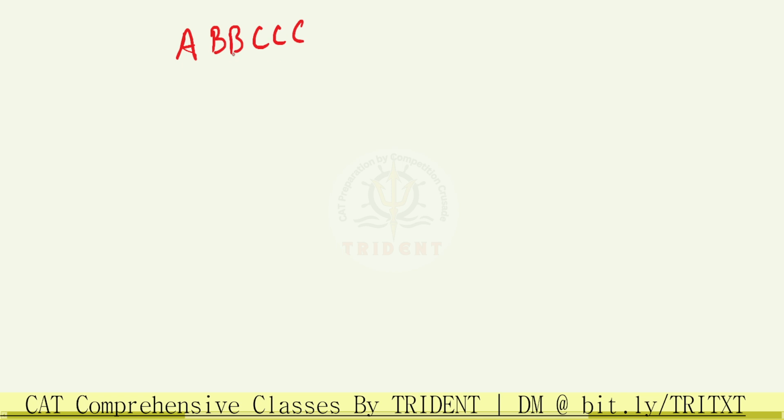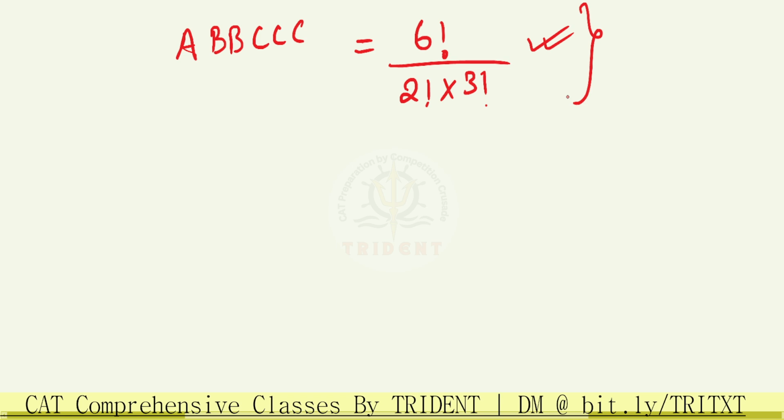They are a total of 6 letters, divided by the number of B's that have repeated, that is 2 factorial, into the number of C's that have repeated, that is 3 factorial. This is a very simple idea of PNC that we start off by. This basically makes sure that you're not double counting any arrangement; you're just taking one arrangement as it is.